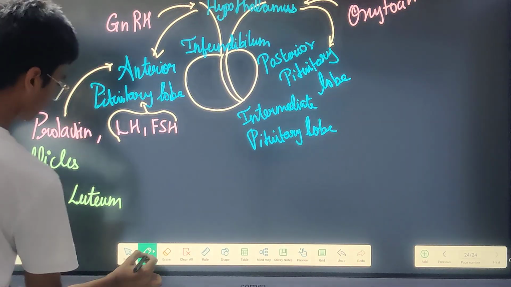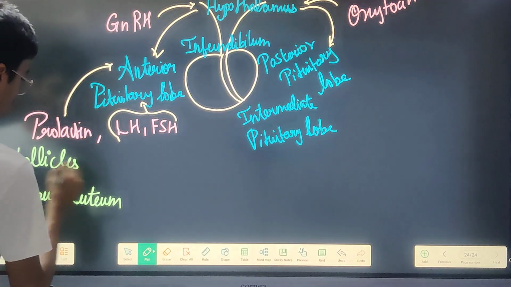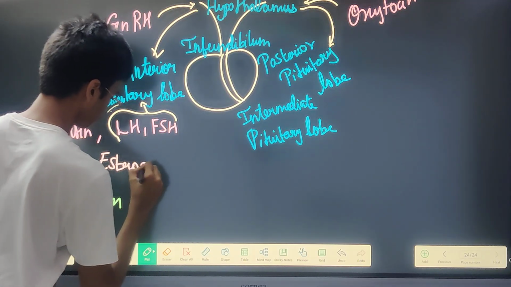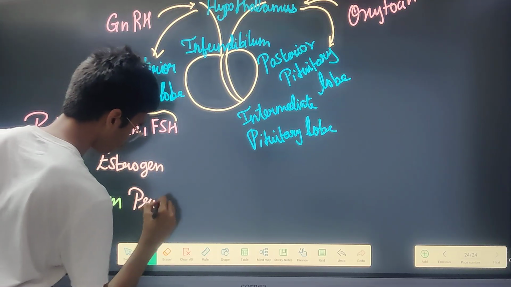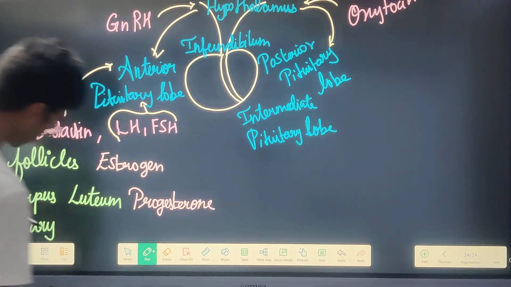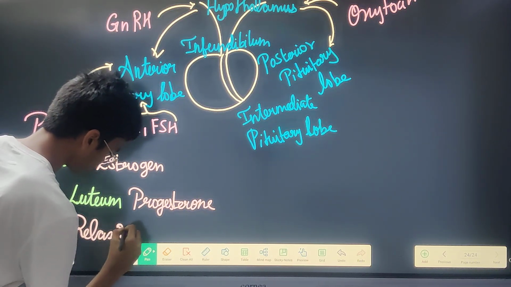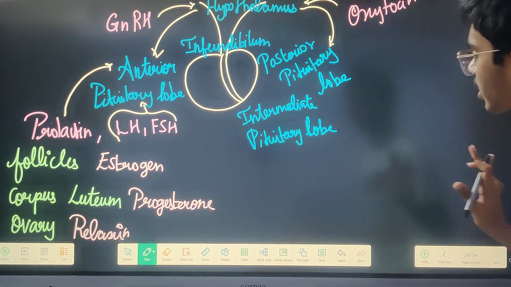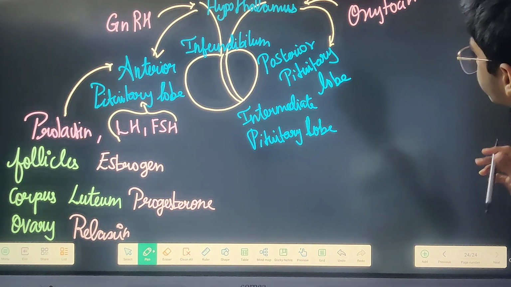All these will be secreting: follicles will be secreting estrogen, the corpus luteum will be secreting progesterone, and the ovary will be secreting relaxin. I've written as much as possible. Is any other thing there? No.